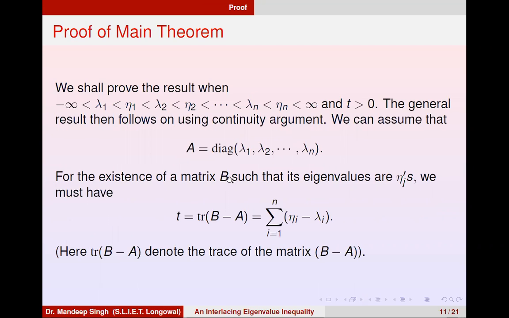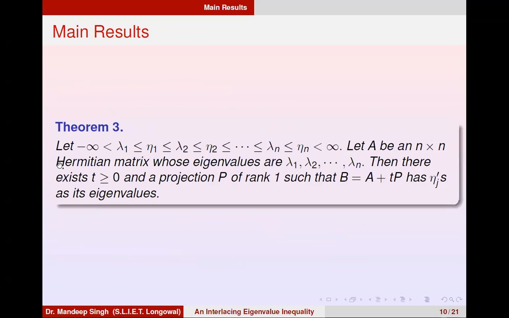So you are assuming A to be diagonal. How are you assuming A to be a diagonal matrix? Because I am to just get two Hermitian matrices whose eigenvalues can be realized as lambda j's and eta j's, where the other should be a perturbation of the first one.